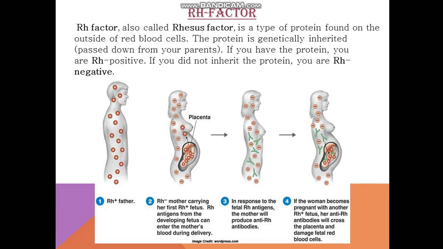Rh antigens from the developing fetus can enter into the mother's blood during delivery. This happens during delivery. So the mother has the antigen, and now antibodies will be produced in the blood in response to that antigen.